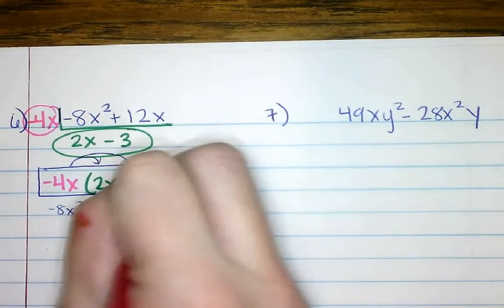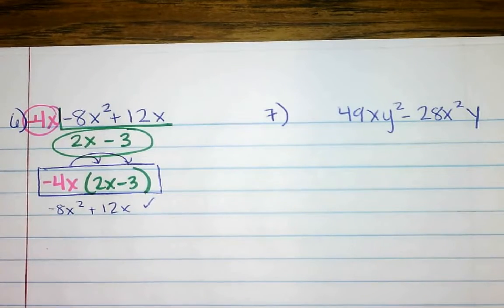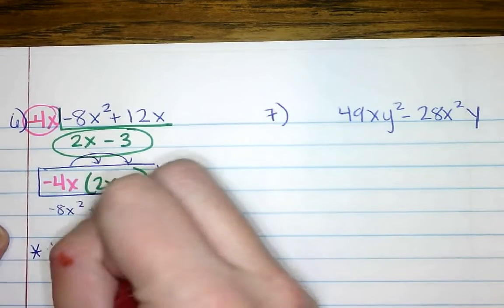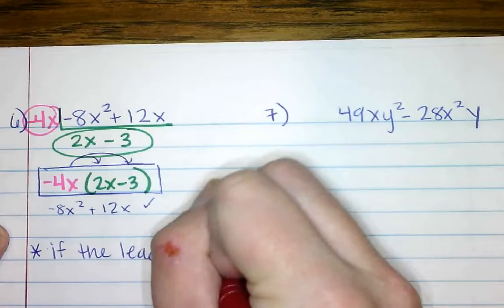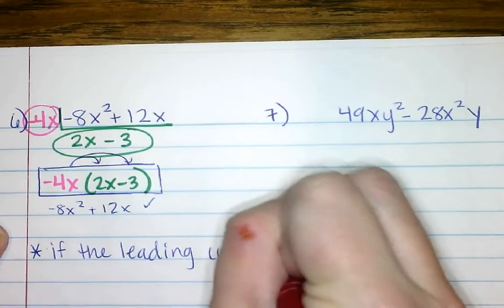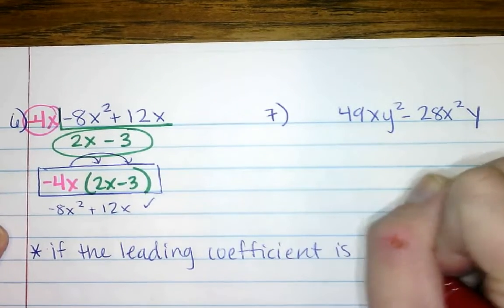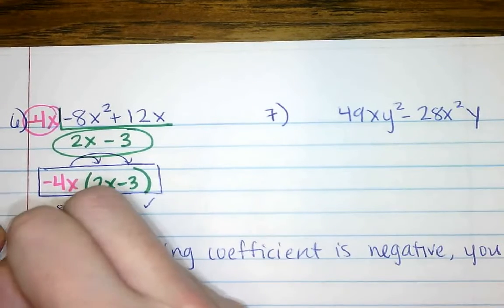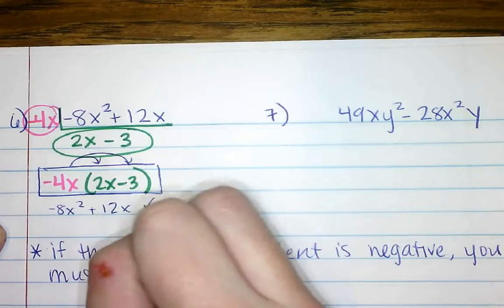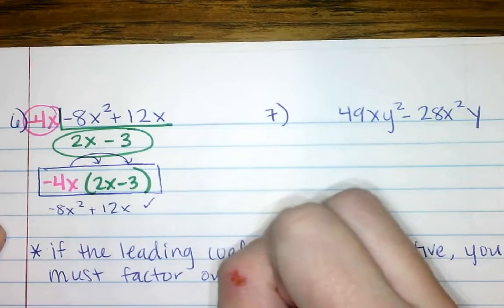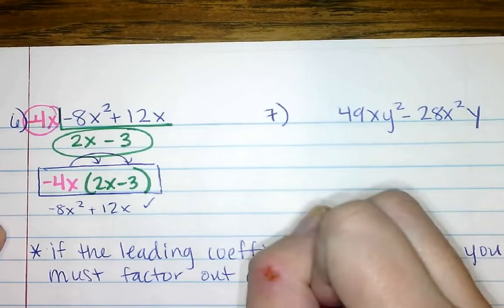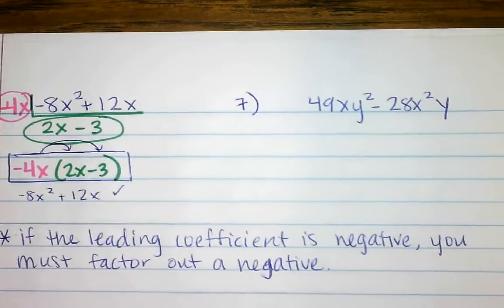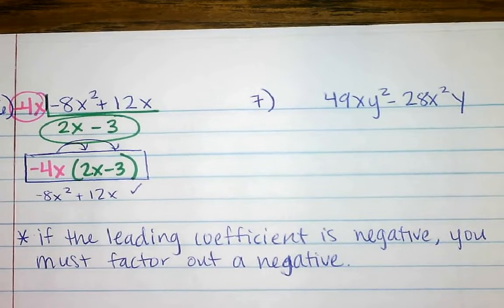And so an important thing to note here is if your leading coefficient is negative, you must factor out a negative. So if your leading coefficient is negative, you must factor out a negative. Y'all feel good about that? Super, super important there, okay? If your leading coefficient is negative.